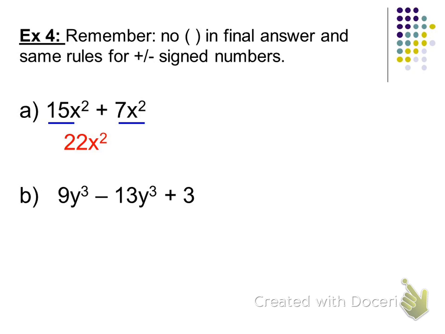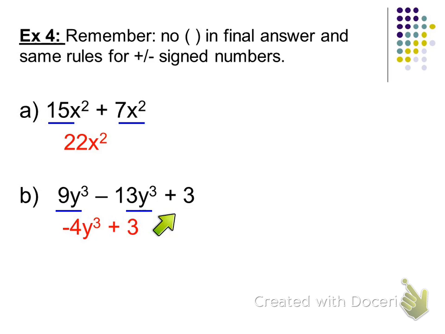So what are the like terms here? Yes, ma'am. 9y to the third and 13y. Yes, the y to the thirds are like terms. And then we just add or subtract the coefficients. So it's like 9 minus 13, and then the y to the thirds just sort of come along for the ride. So that would be negative 4y to the third.